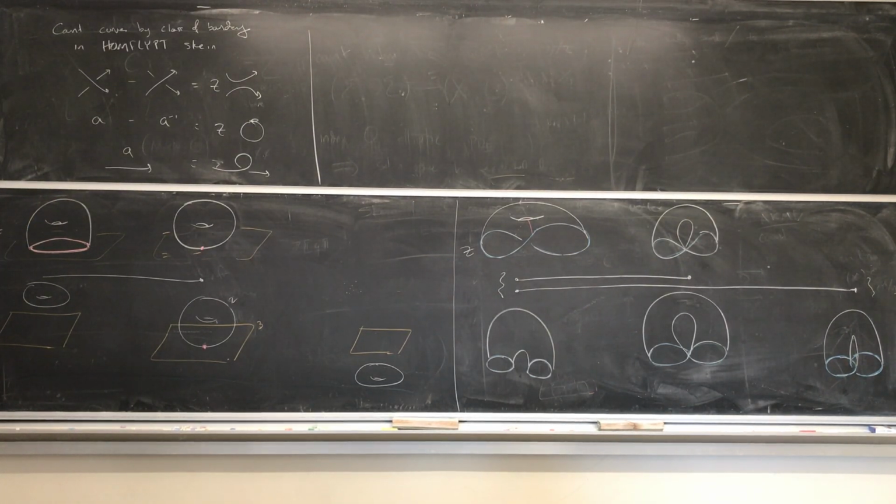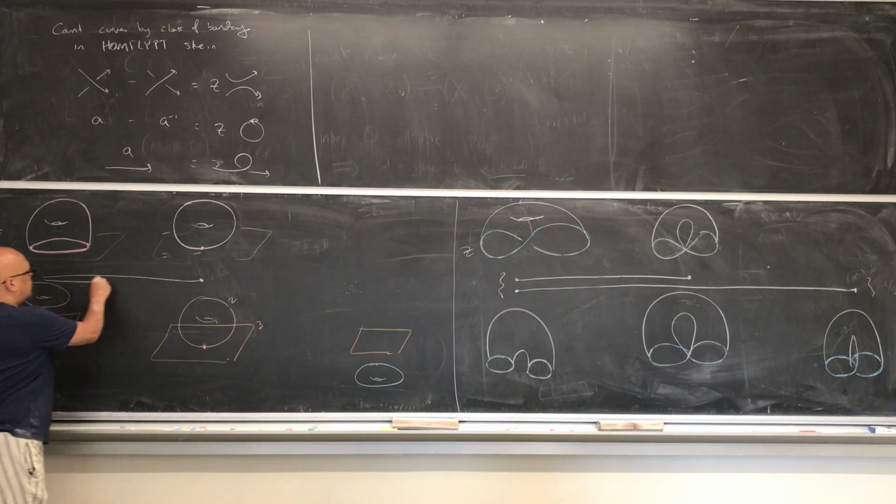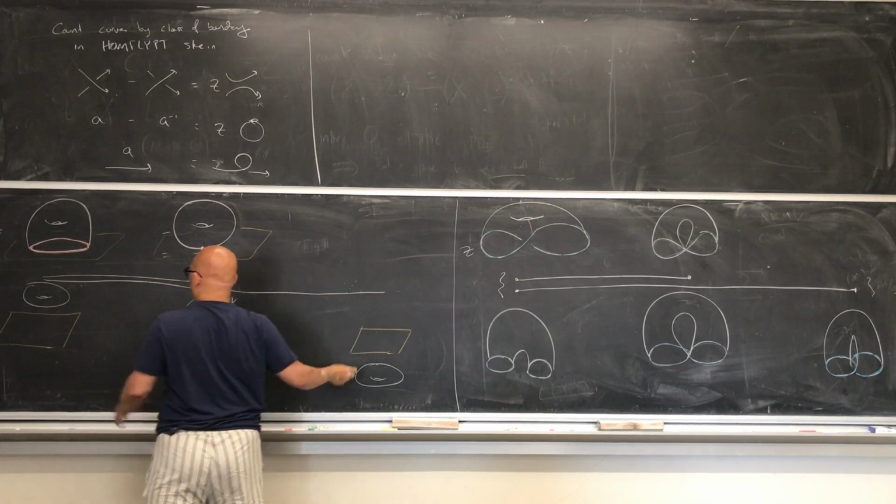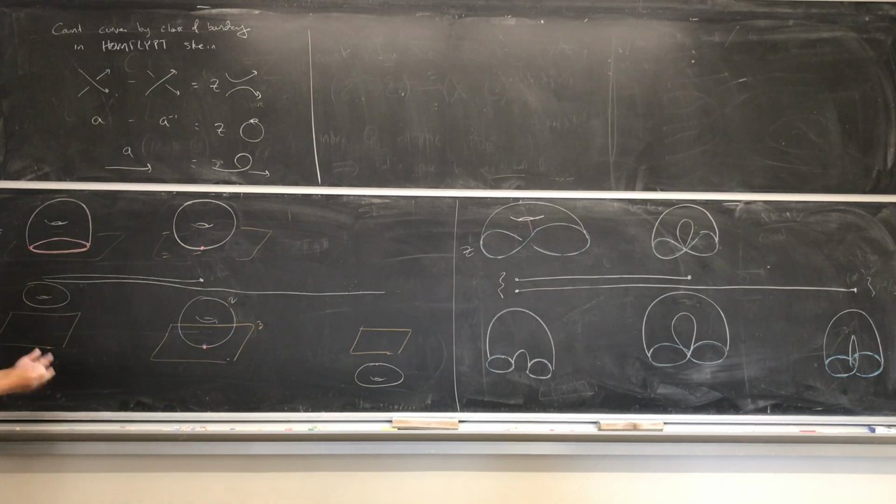If I just leave it like this, these two sides will be equal because we're counting curves by their boundary, but these things both have no boundary, so they count the same. I have to fix that, and the way you do it is you use A to record this linking number. That's what's changing, so you make A the linking number.